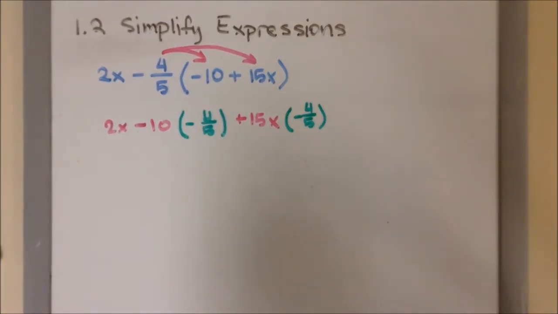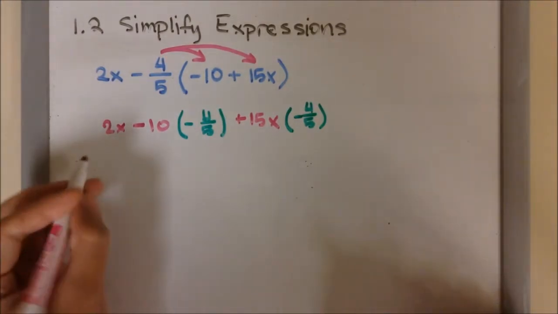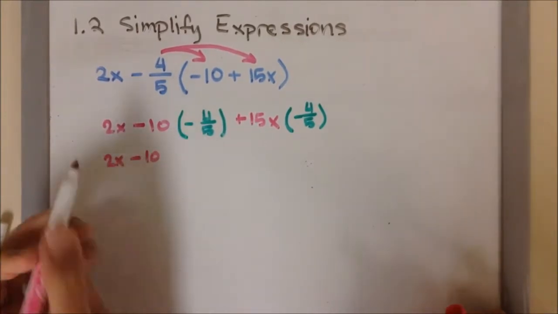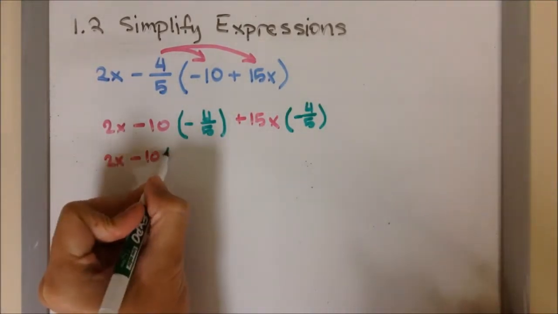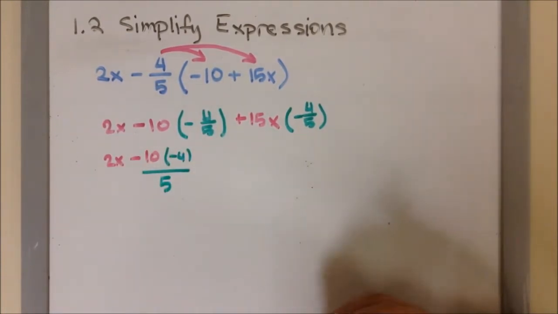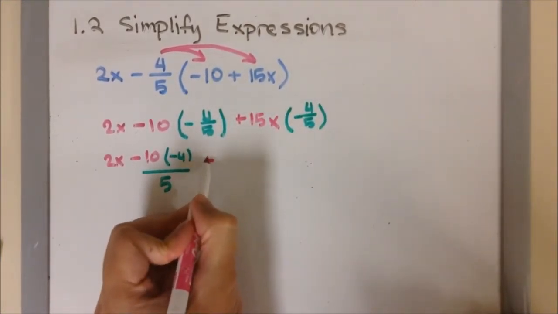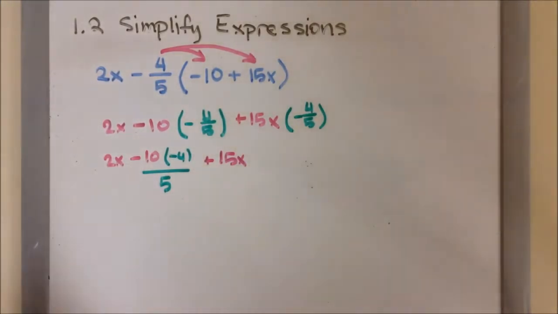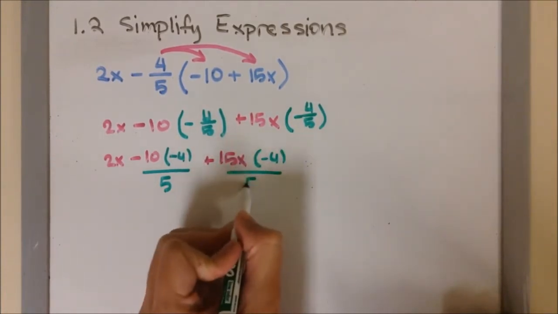Alright, just like the same process as before, 2x. So minus 10 multiplied by, I'm going to have the negative to the numerator, so negative 4 over 5. And then plus 15x multiplied by negative 4 over 5.